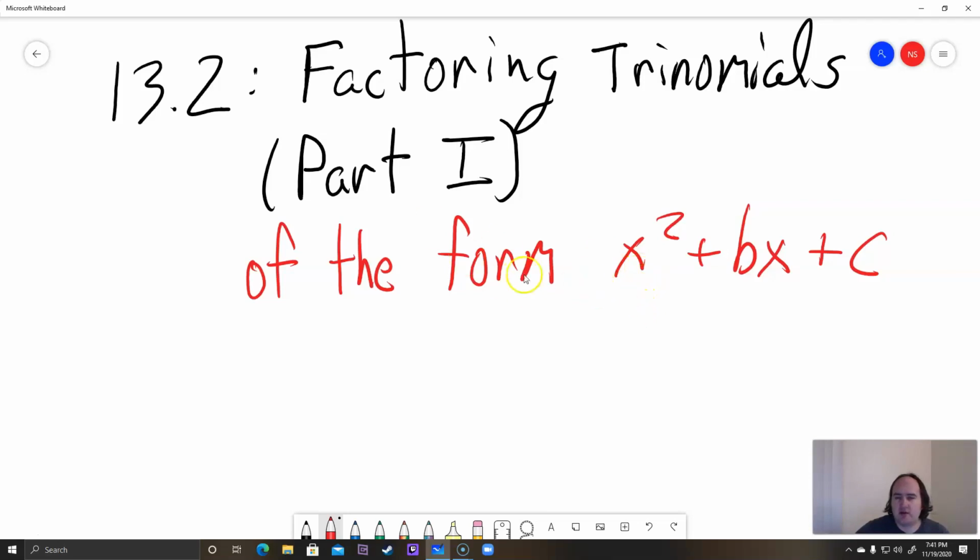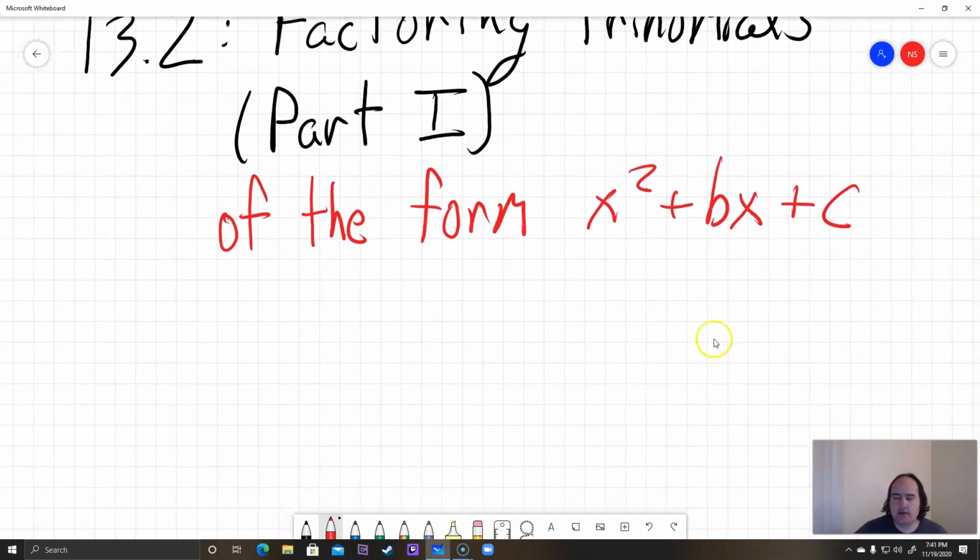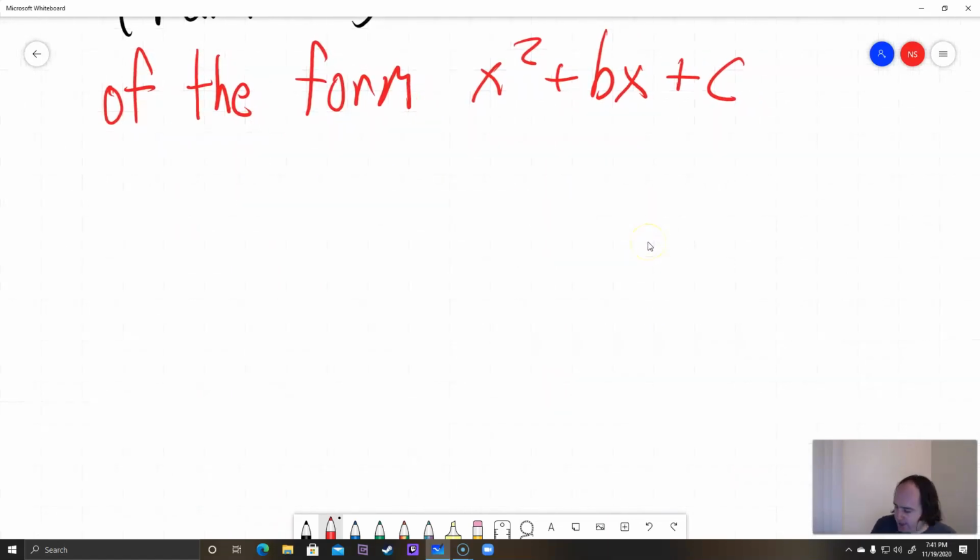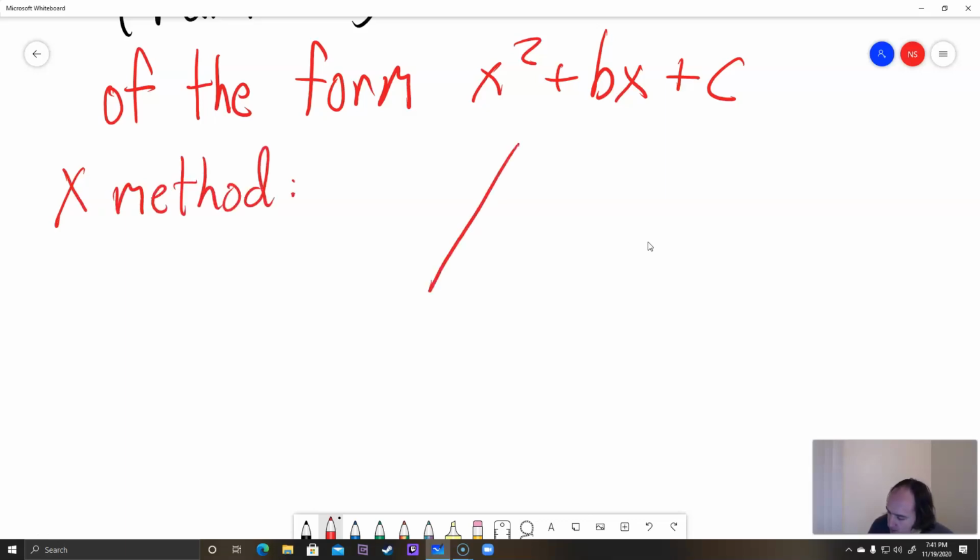To factor trinomials of this form, we're going to use what's often called the x method. The standard way of doing it is you make a large x, and then on the top you have c, and on the bottom you have b, and then you have to come up with two numbers.